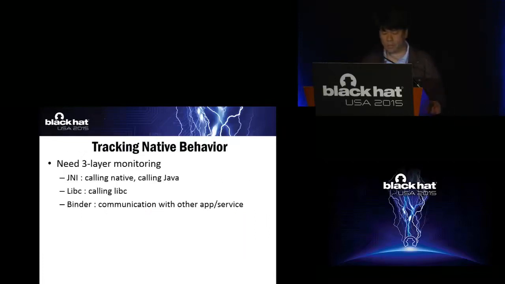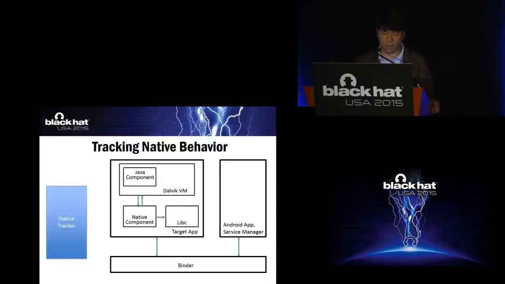In order to analyze combined Java and native code, we are tracking three layers: JNI, libc, and binder. JNI means Java Native Interface. If you can monitor JNI, you can know which native function is called from Java code or which Java method is called from native code. libc is a standard library that provides functions for tasks like string handling, mathematical computation, I/O processing, memory allocation, and several other operating system services.